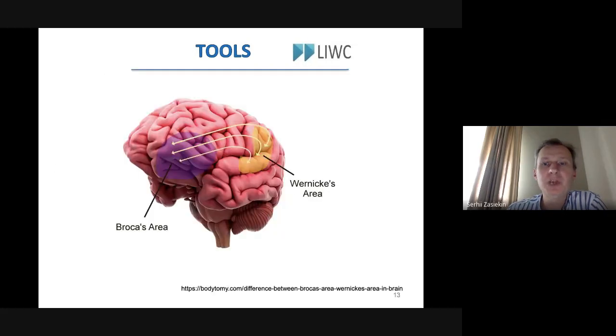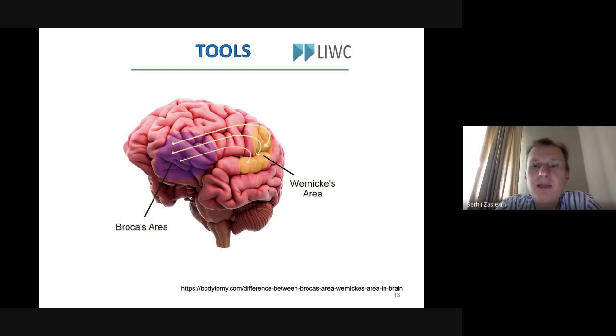James Pennebaker, since he was one of those who designed this tool, hypothesized that style words are produced in Broca's area, which is known for speech production. I think you know this. Actually, I can't say that this is a fact, because Broca just suggested that this is the area where they are produced.